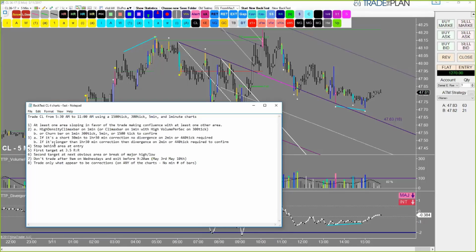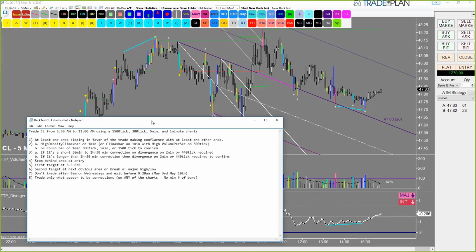So typically when we're talking about looking for a correction, we're talking about identifying the trend, first of all, and trend is a function of the time frame that you're on, obviously. You might be in a downtrend on an hourly chart, but in an uptrend on the 5 minute. So it really just depends on how you want to define trend.